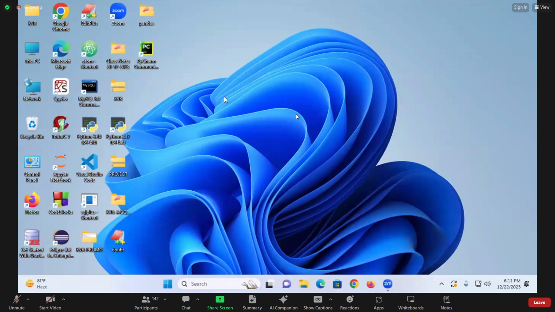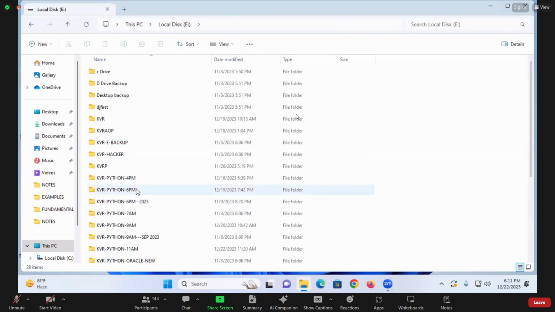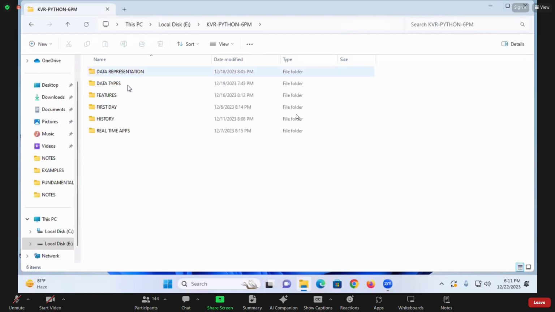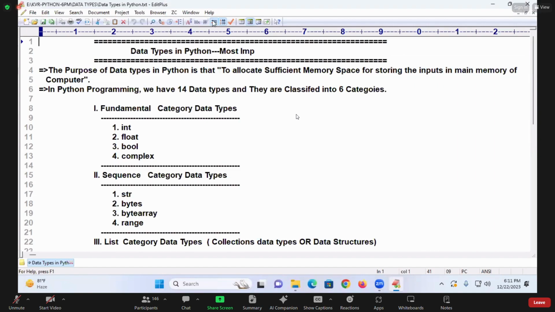Okay. So now let's start the discussion. Previously, we completed the fundamental data types. The fundamental category is completed.